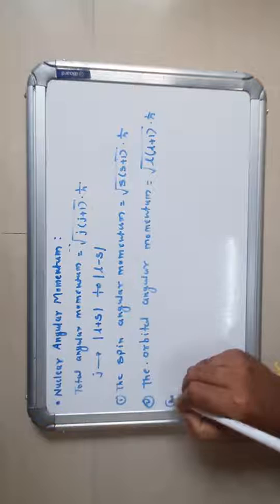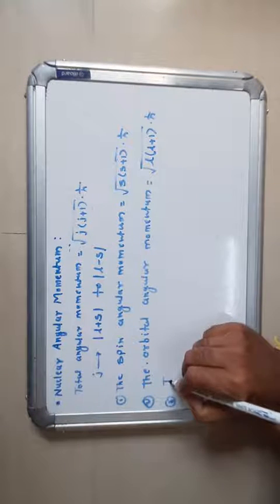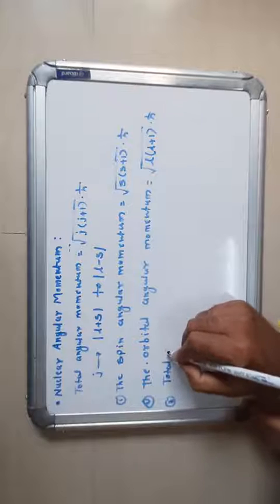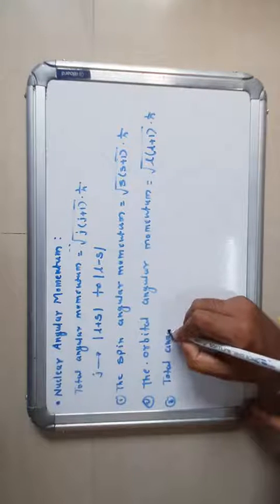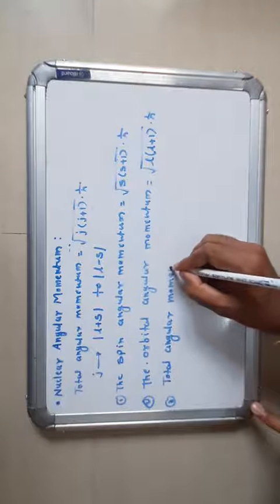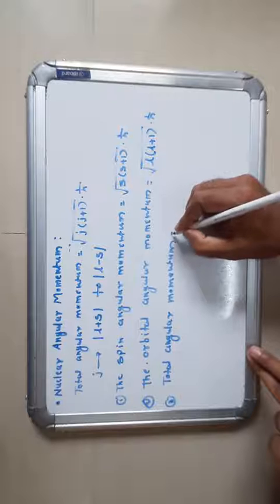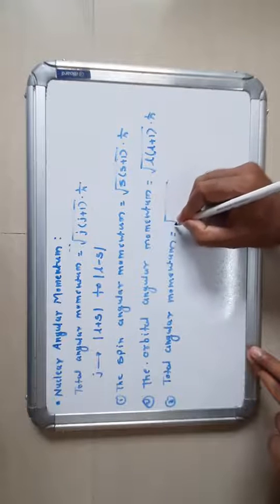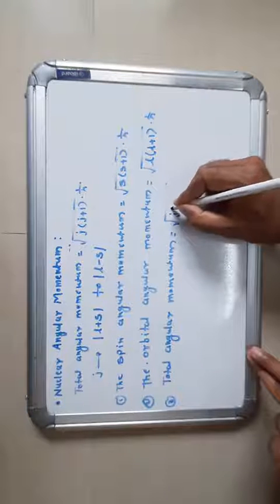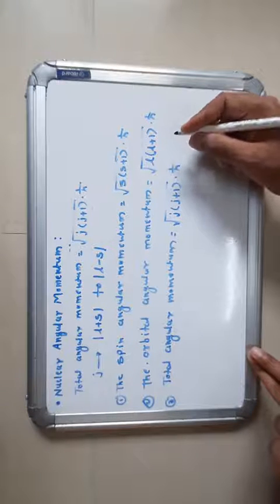And third one, the total angular momentum, denoted by the letter small j, equal to under root j into j plus 1 into h cross.